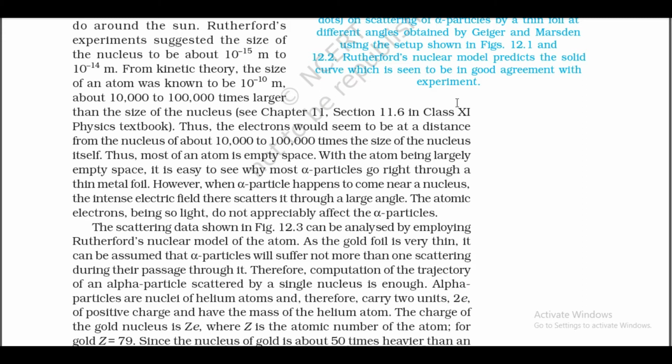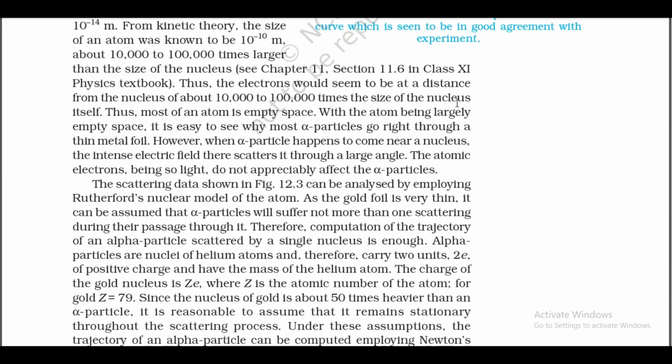Alpha particles are nuclei of helium atoms and therefore carry 2 units, 2 electrons, of positive charge and have the mass of the helium atom. The charge of the gold nucleus is Ze, where Z is the atomic number of the atom. For gold, Z is equal to 79.